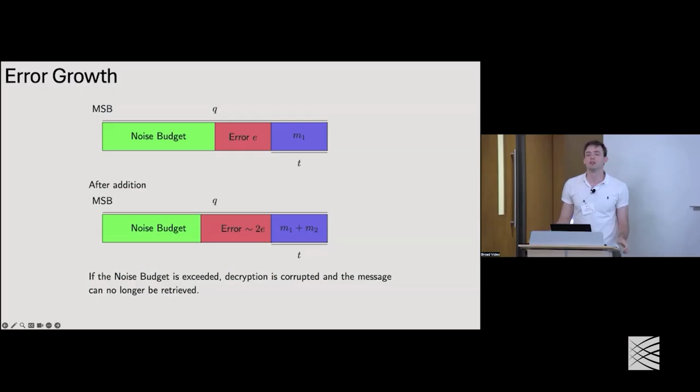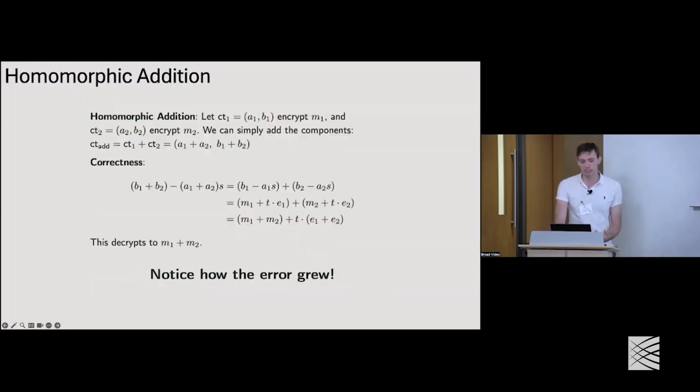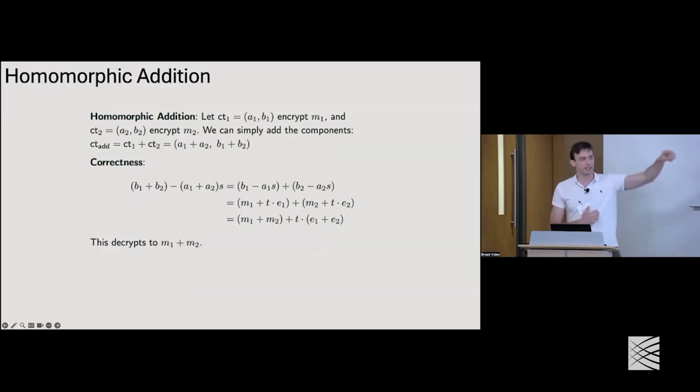I guess what's confusing me is how do you make sure that the error is just taking up the noise budget? Yes. So when we do these operations, the error just grows because it's just pushed T away from our payload message. So the error is always going to be T, like T bits or log T bits from our payload message.